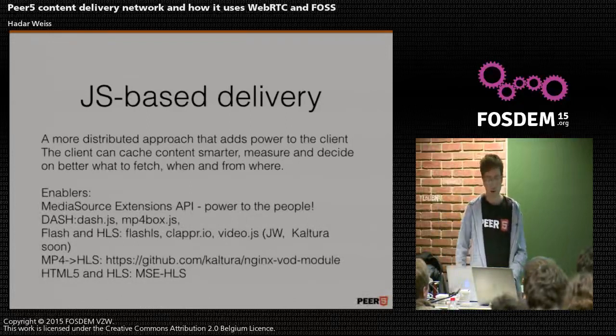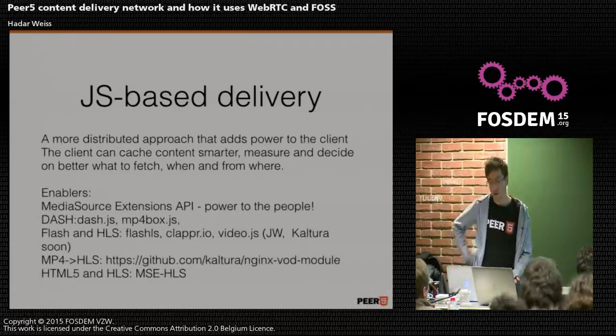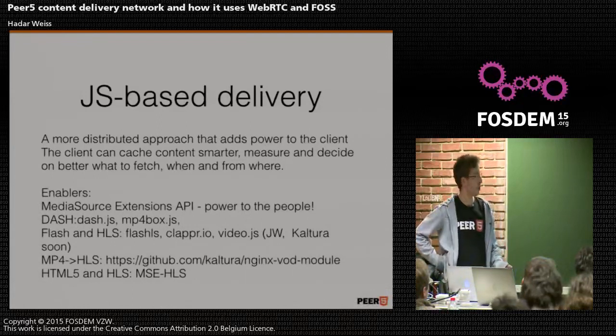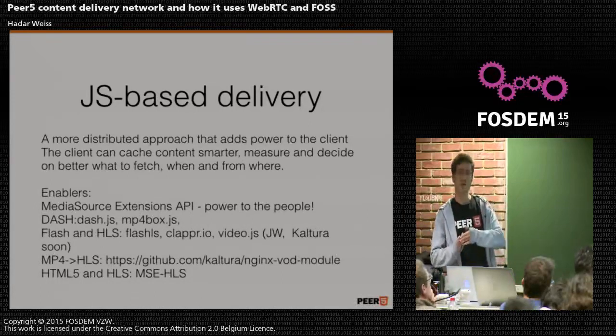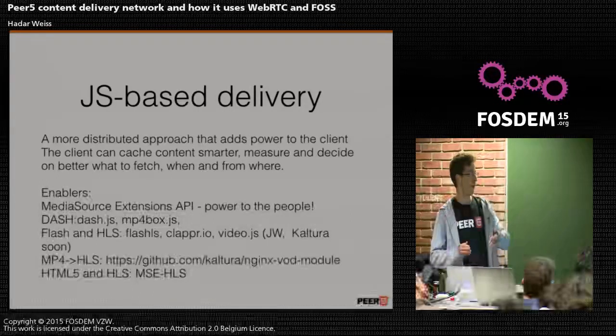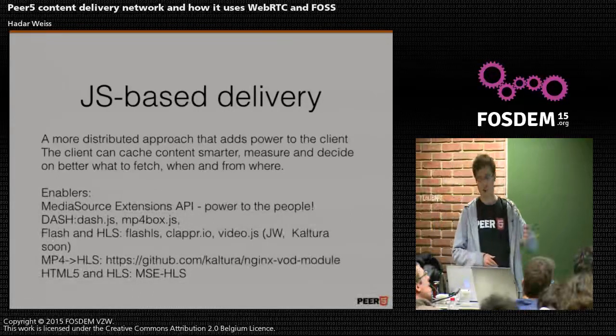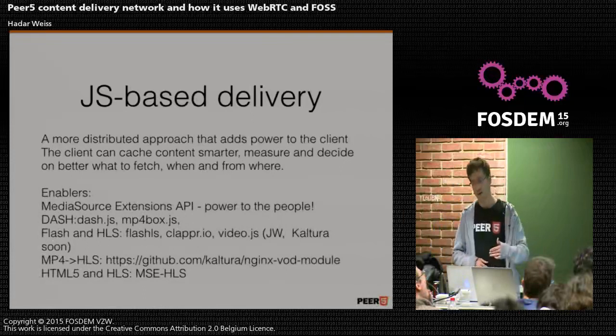If you want to use Flash, if you want to use HLS, then you have two choices. Either with Flash, and then you need something like FlashLS, players like Clappr or Video.js that already bridge between Flash and JavaScript, and we can make the request from the JavaScript and bring it back to Flash.